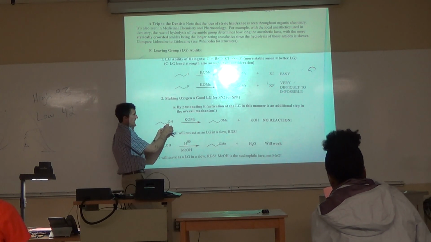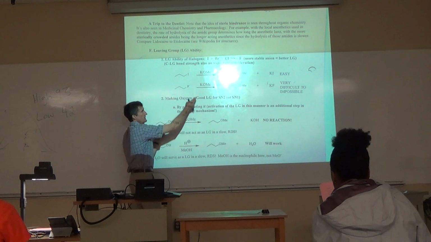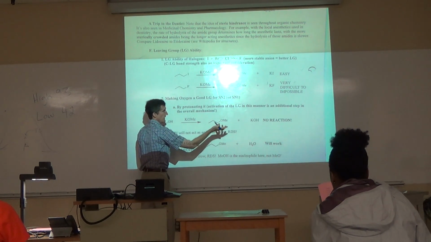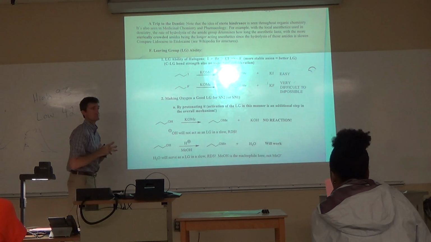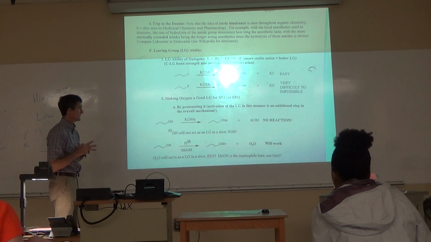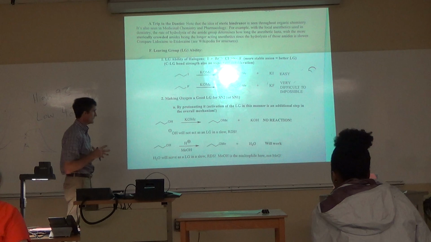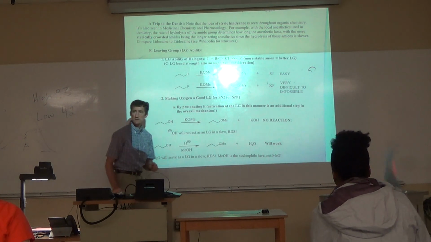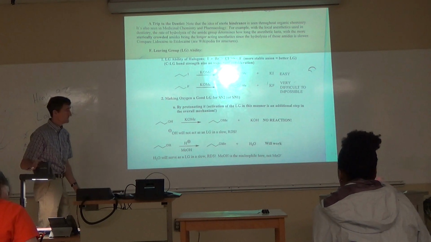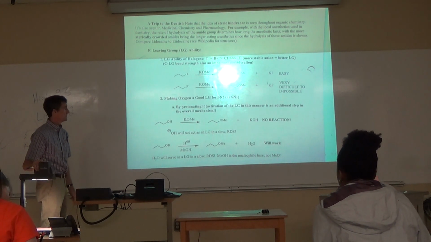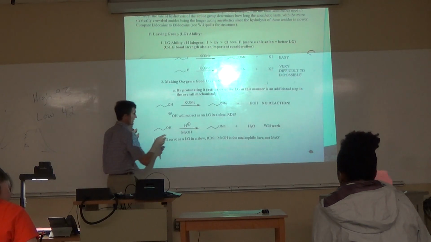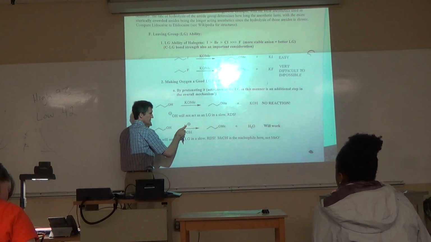First off, if this was an oxygen like an OH, and you come in here and try to do that reaction and replace it with the OMe, there's going to be no reaction. Nothing. Okay? Hydroxide will not act as a leaving group in a slow rate determinant step. We can do some chemistry here, though, if we include acid.